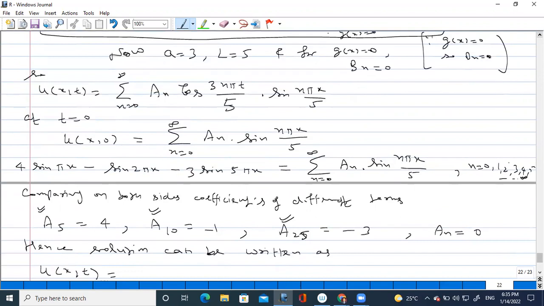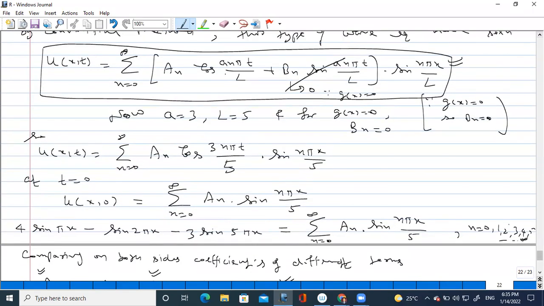So from here, just a5 you have to take. For a5, it will be cos 5 pi t. A is also there. Understood? A value is 3. That also we will put. So 3 into 5, that will be 15. So a5 value we will put.